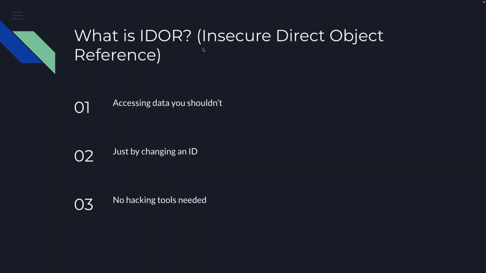Let's start by defining what is insecure direct object reference. Insecure direct object reference happens when an app lets you access data just because you know an ID, as we just saw in the demo. You are logged in, but the server never checks if you are allowed to access that specific object.